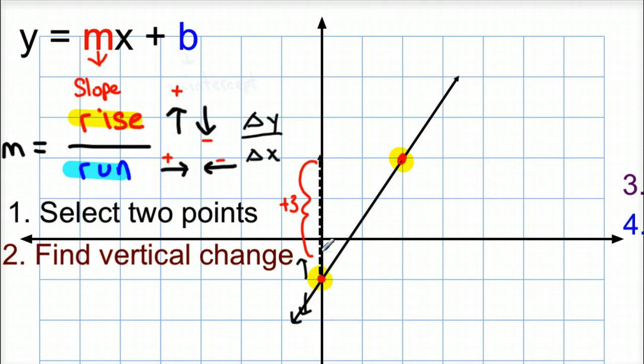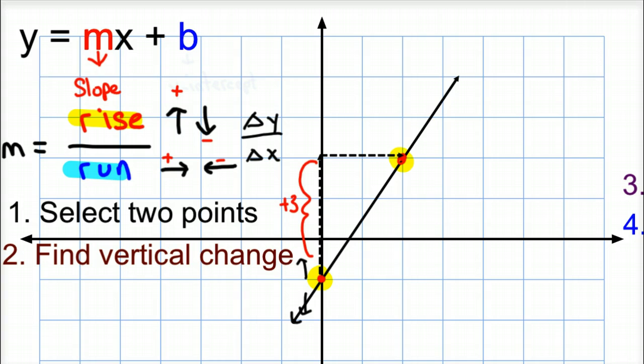Now, I rose 3 units, 1, 2, 3, bringing me here. Now I want to ask myself, which way do I need to move in order to get to this next point here? Well, starting from this area here, I need to move to the right 1, 2 units. So I'm moving to the right 2 units.